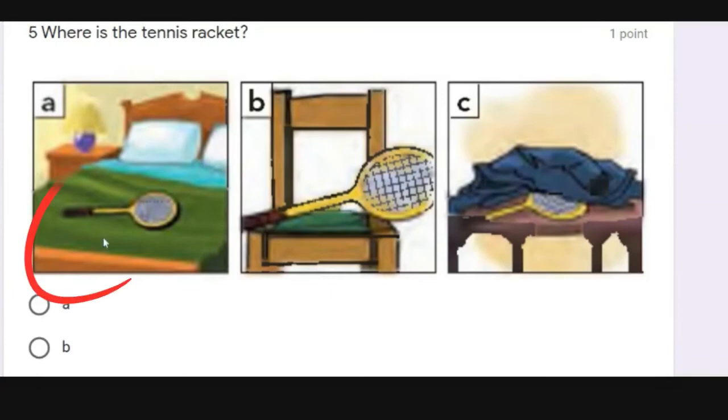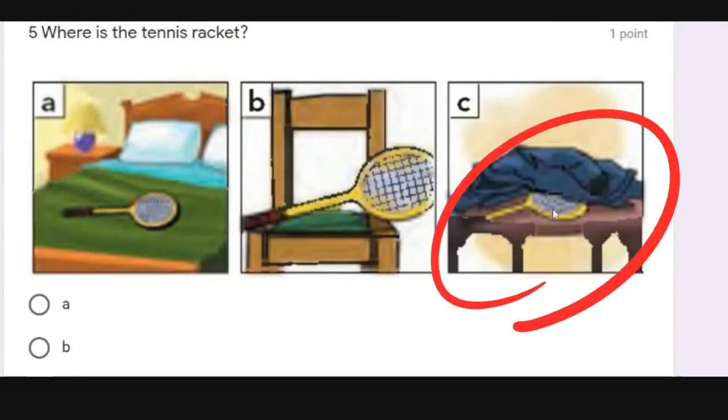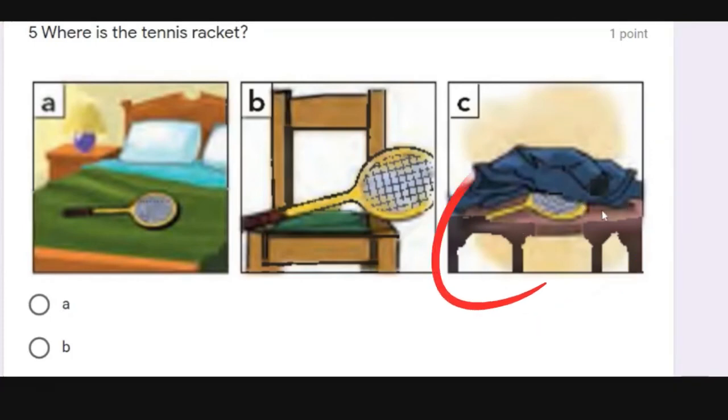Okay, A, where is the tennis racket in A? On the bed. B, on the chair. C, on the table under the clothes. Okay, so you can see a piece of clothes here. Maybe a jacket, right? Okay, so now we're going to listen to this.